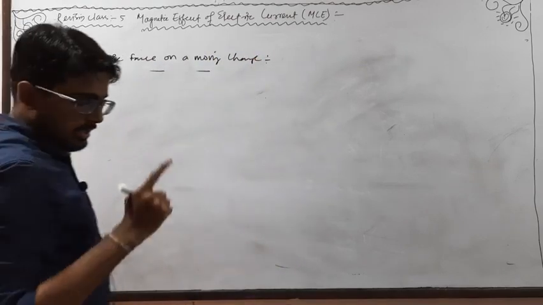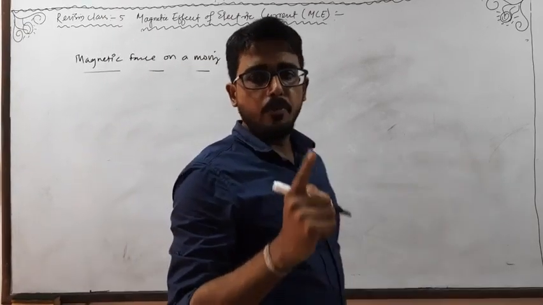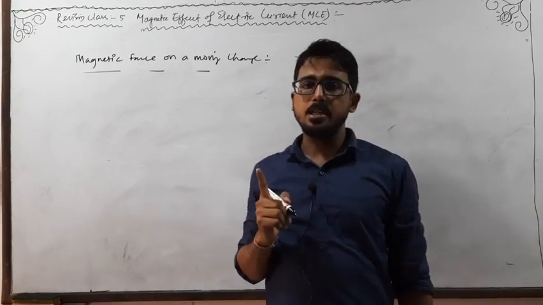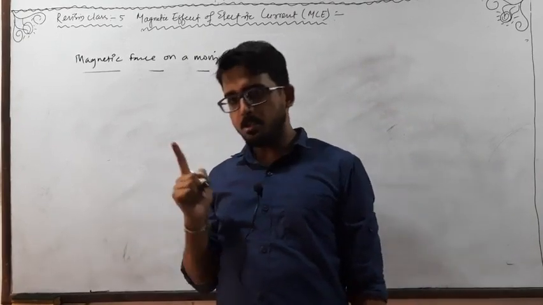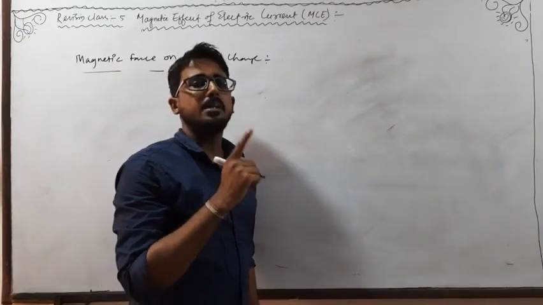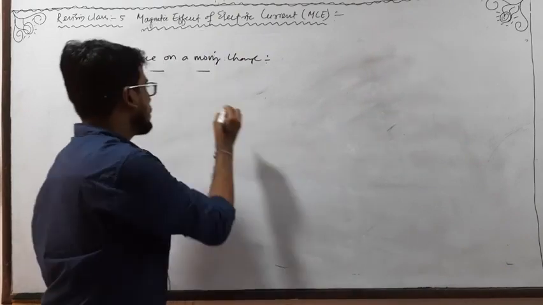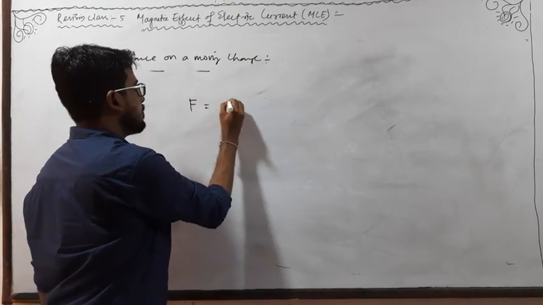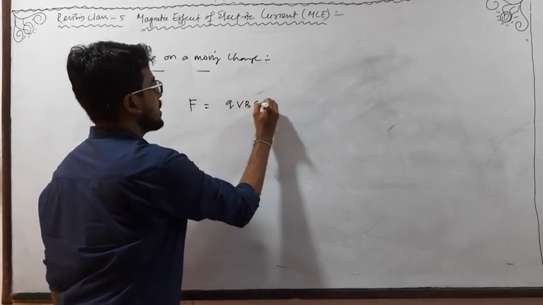So you already know if a charge is at rest, then there will be no effect of a magnetic field on it, but when a charge is moving with a certain velocity, then the magnetic field can apply a force on it, and the magnitude of that force depends upon q v B sin theta.